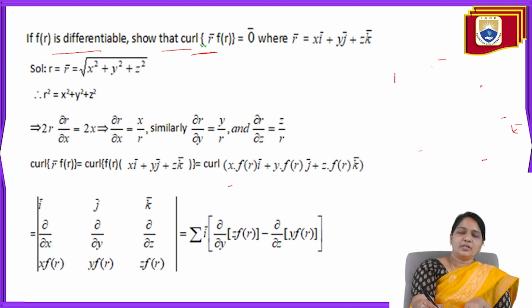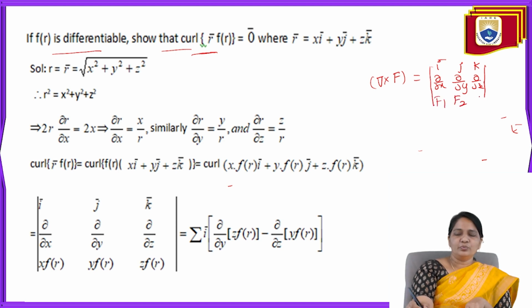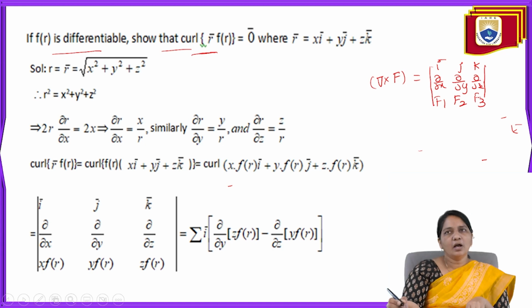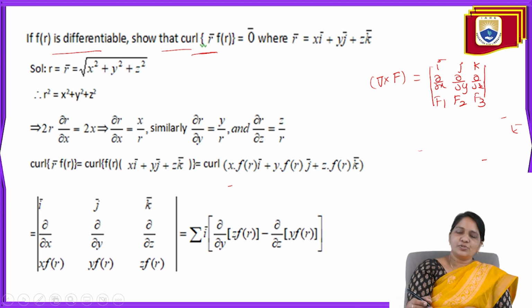Del cross f bar is nothing but the determinant of i j k, del is dou by dou x, dou by dou y, dou by dou z, and here f1, f2 and f3, this is the value we are going to find. So in place of f, we have here r bar into f of r. What did we get for r bar into f of r?